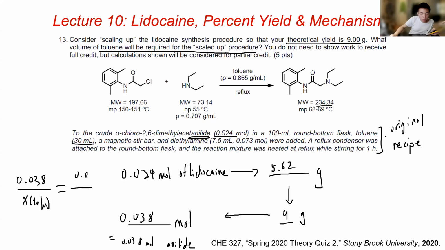And for 0.024 moles of the analyte, we need how many milliliters of the toluene? $30 milliliters. So we just have to solve for X. And you guys can do that.